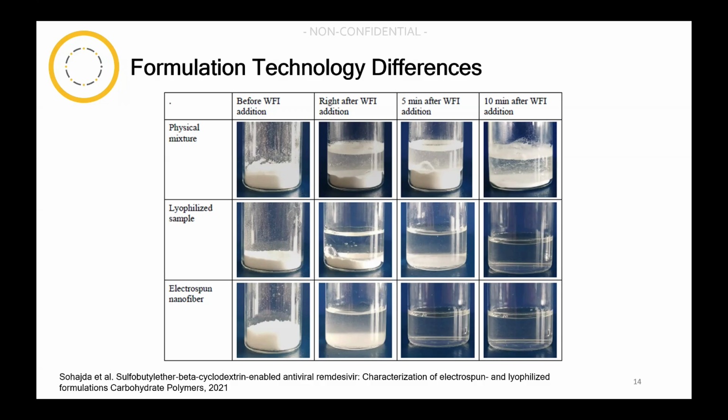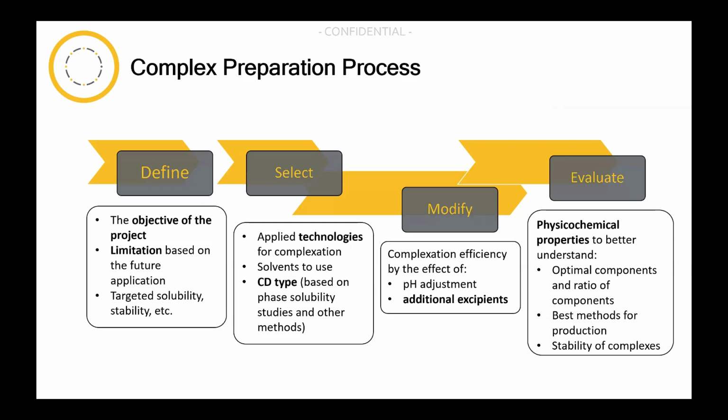So, for example, with this technology, with electrospinning, you can see that even the preparation method of the cyclodextrin complex can make a huge difference, at least in the dissolution rate.